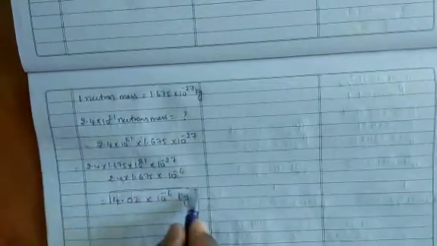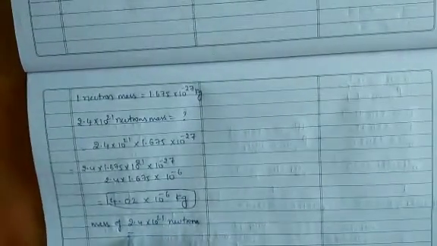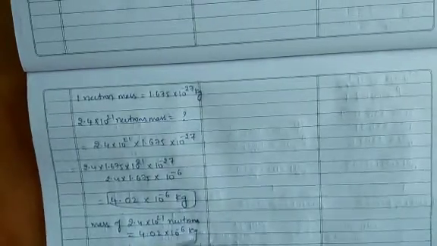These two, if you multiply, you will get 4.02. This is 10 power minus 6 kilograms. So finally, the answer for this second one: mass of 2.4 into 10 power 21 neutrons, which are present in 7 milligrams of C14, is equal to 4.02 into 10 power minus 6 kilograms.